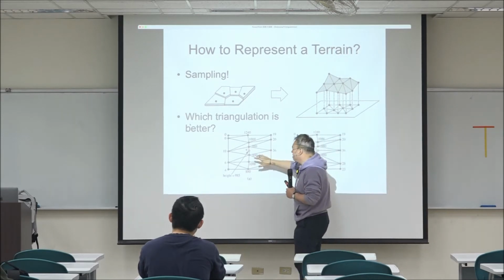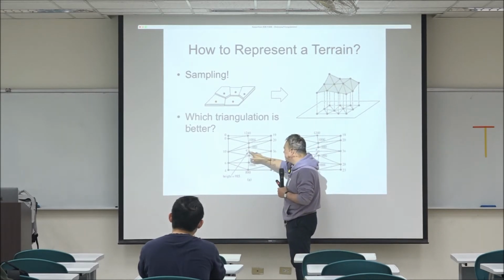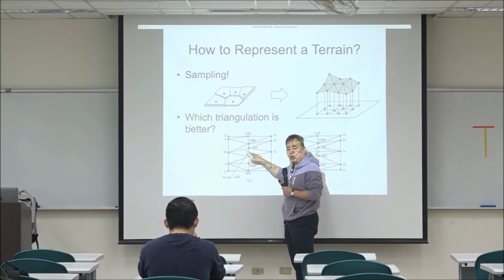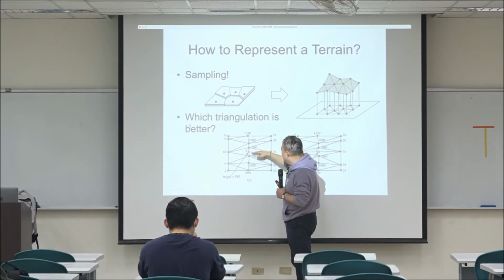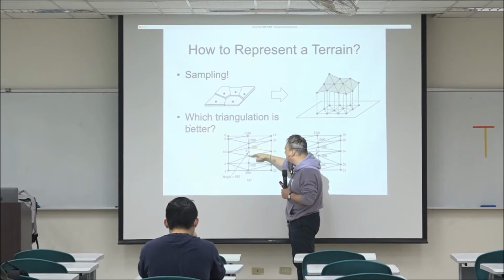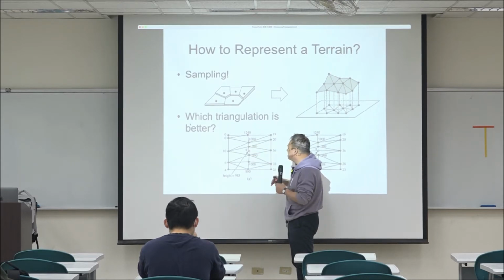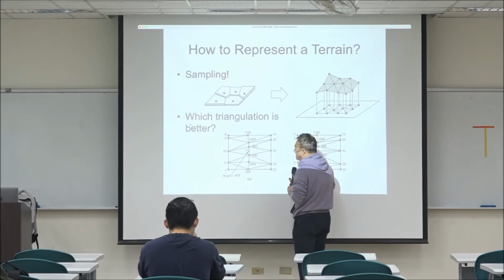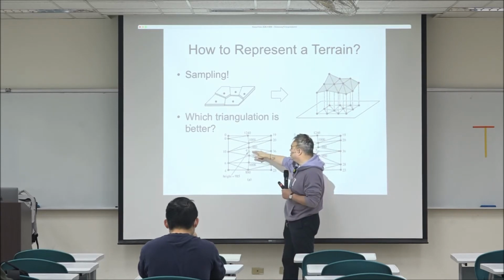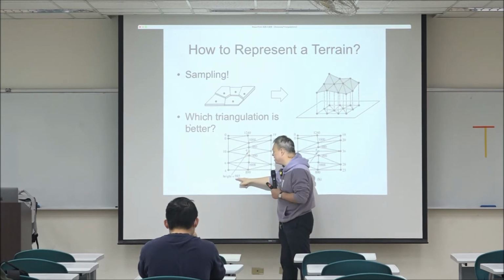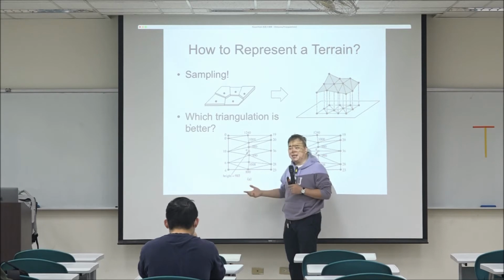But if you use this triangulation, let's see what happens when you use interpolation to obtain the height of this particular point Q. For this point Q, you can see that on the two ends of this line segment, one end is 980, the other end is 990. So if you use interpolation, the height of Q will be 985, right?